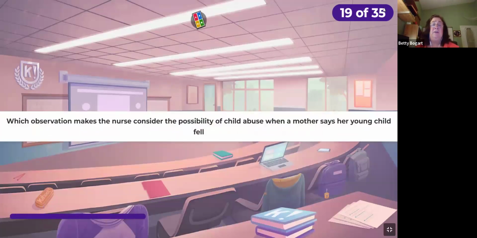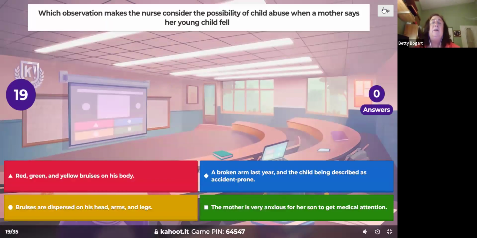Which observation makes the nurse consider the possibility of child abuse when a mother says her young child fell? Now, this happens all the time, right? Children are always falling off of beds and couches and monkey bars and whatever. Now, what's going to tell you something's wrong here?